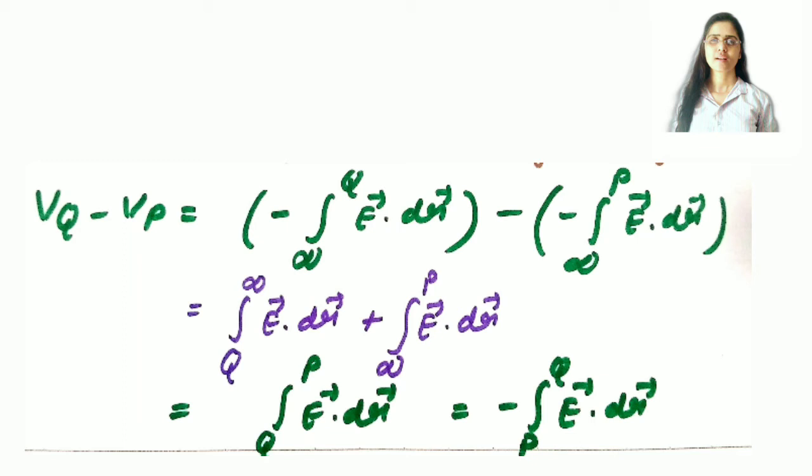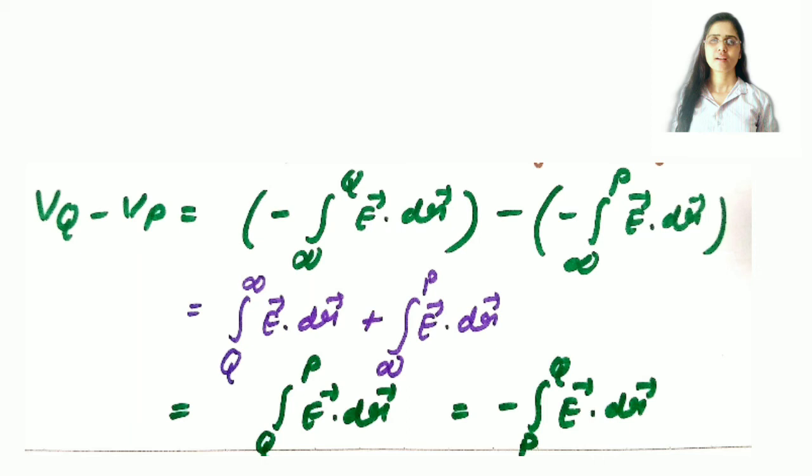Now we remove the negative sign in the first term. The limits will be interchanged: upper limit converted into lower limit and lower limit converted into upper limit. So the first term is integration Q to infinite vector E dot d vector R plus the second term as it is. Now we apply the integral additive limit rule.